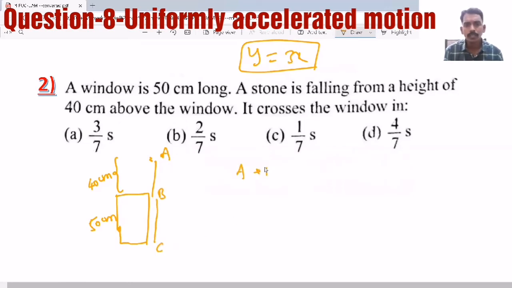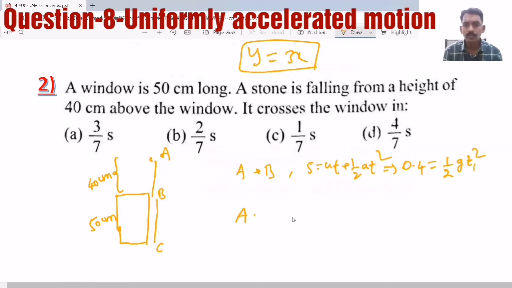Now from A to B, s equal to ut plus half at square. That is, s means 0.4 meter equal to u0 plus half g t1 square. Then you will get the t1 value.